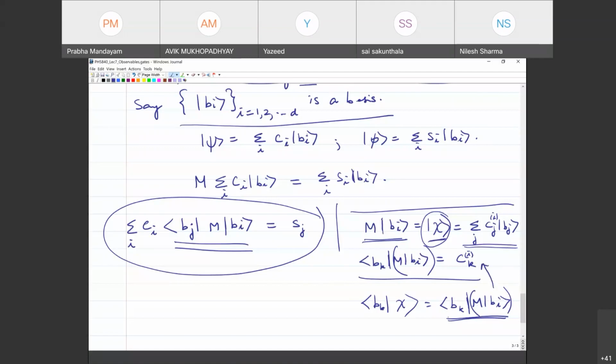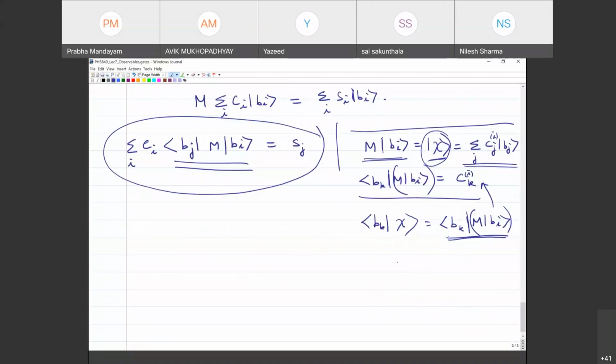Note that there are how many such numbers? There are d squared such scalar elements, Cik, and these can be arranged into a D cross D matrix. C11 is the action of M on the first basis vector, however you want to number your basis vectors, with its overlap with B1 itself.